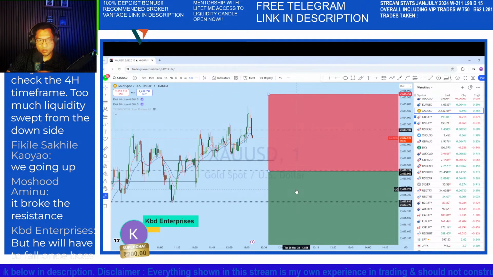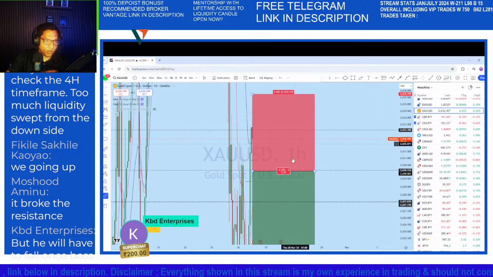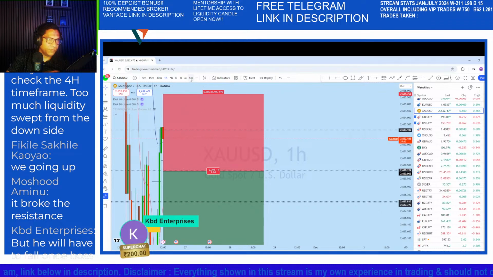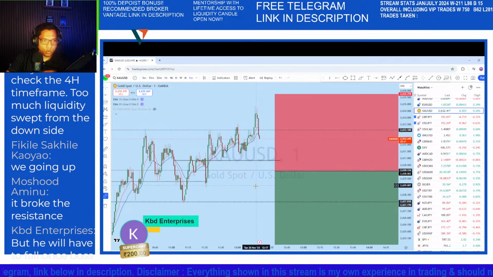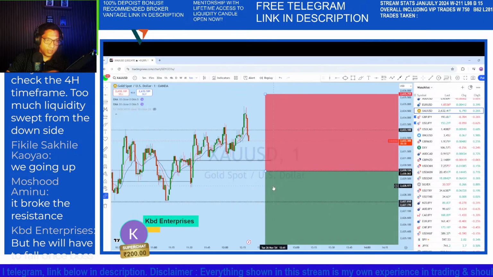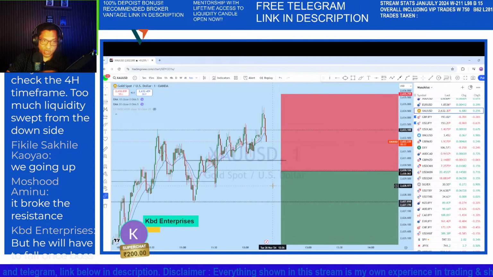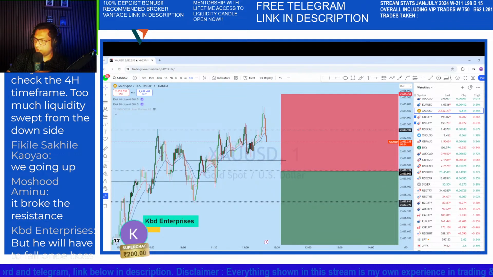And then if we look at the 1 hour, we can see that this is a support level, and from that 1 hour support we can look for entry again, especially after rejection.